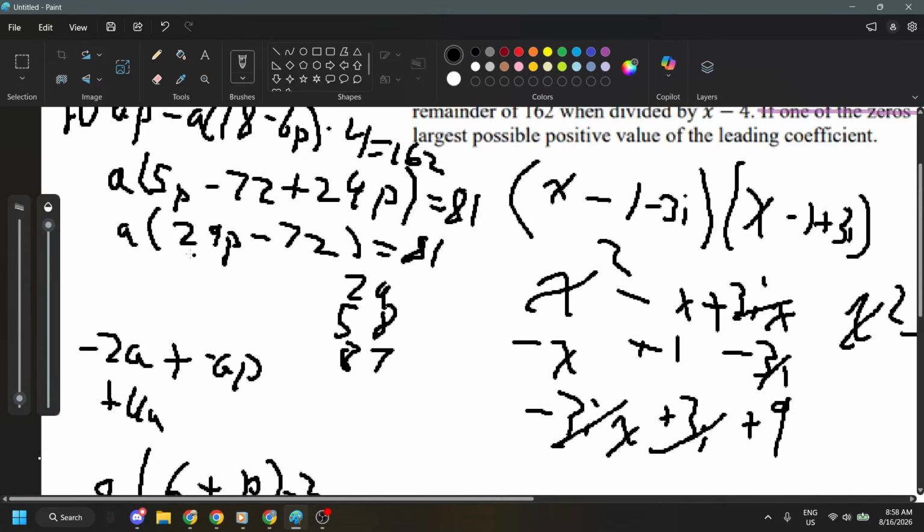This times 4 is going to be 80 plus 36, which is 116. 116 minus 72 is going to be 44, I think?